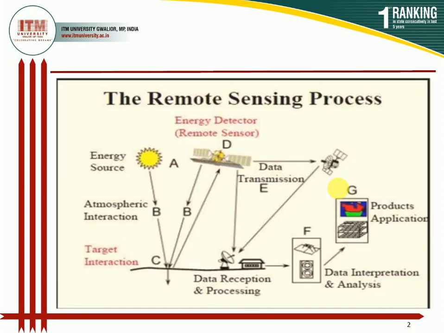In the remote sensing technique, there are two types of remote sensing. First one is the active remote sensing, and second one is the passive remote sensing. In the active remote sensing, basically the source of light is artificial, means the satellite itself acts as a source of light. Satellite itself sends a pulse of energy to interact with the target. The target may be a vegetation, grass, water body, or whatever, a stone or rock.